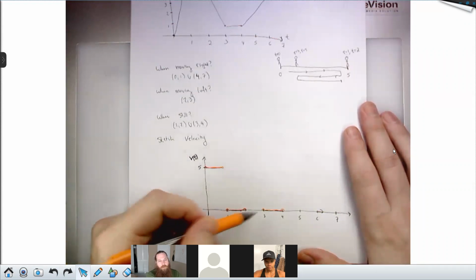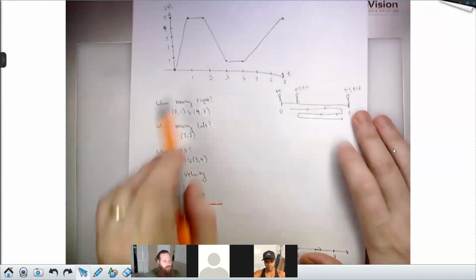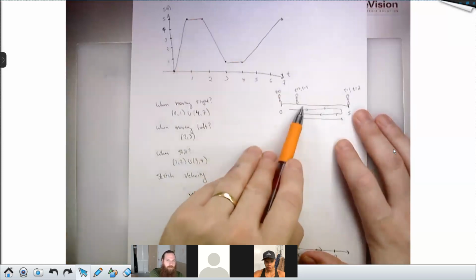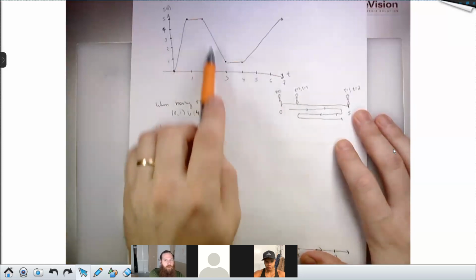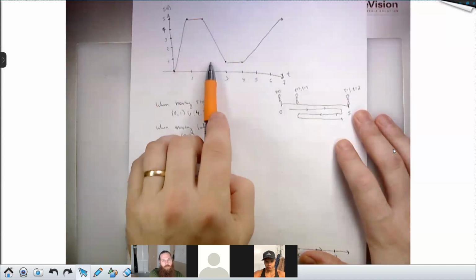But now between times t equals 2 and t equals 3, we're going to do some more running. From time t equals 2 to t equals 3, I'm running back to the left. Now I cover 4 meters, right? I go from position 5 down to position 1. I cover 4 meters in 1 second. So my speed is 4 meters per second, but I'm running to the left.